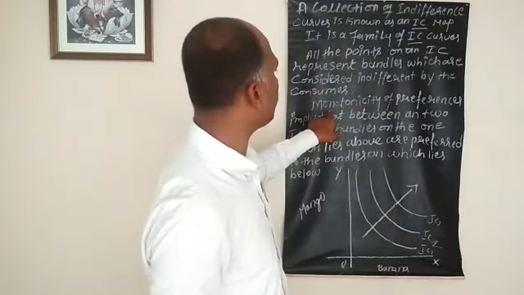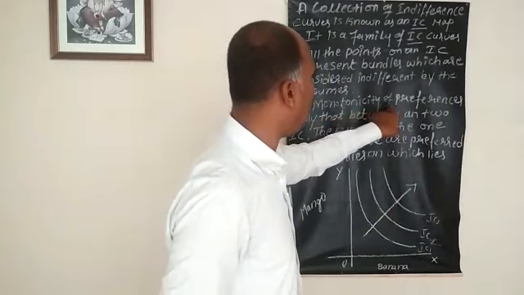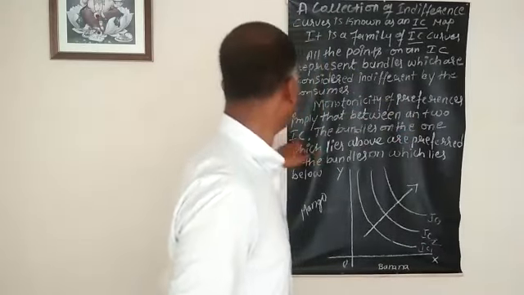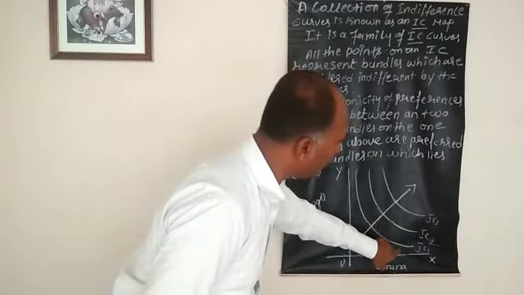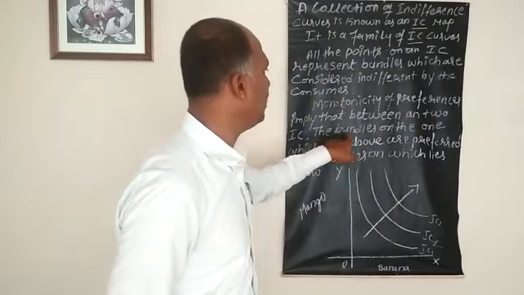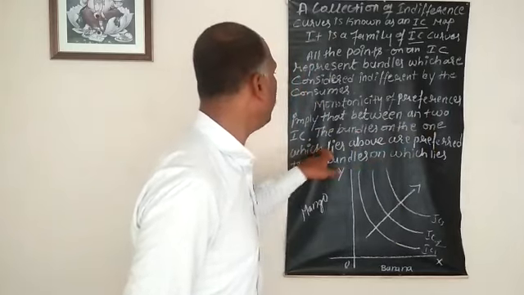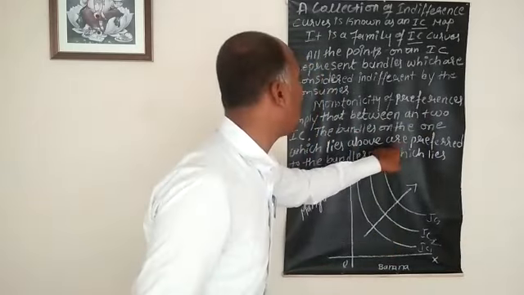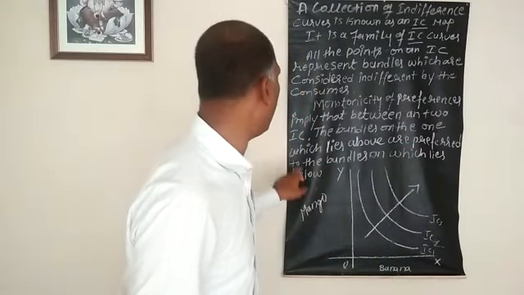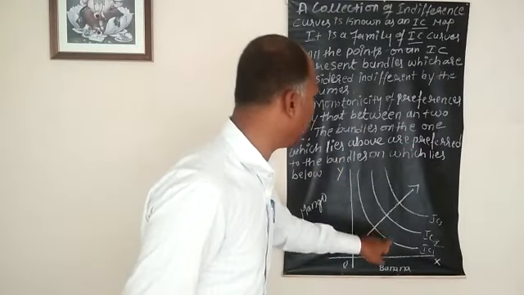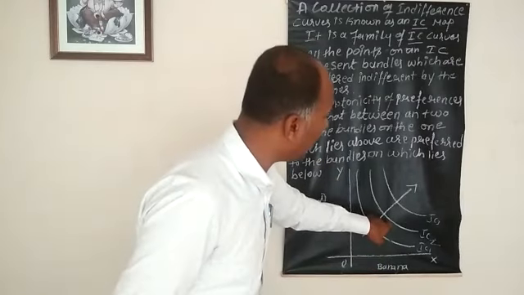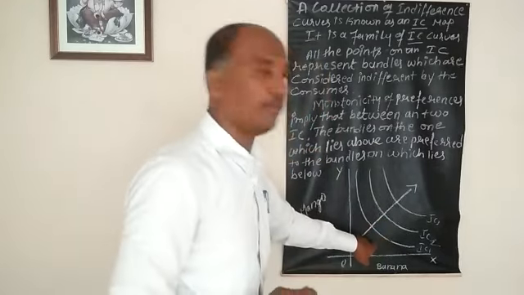So it is clearly explained: monotonicity of preferences implies that between two indifference curves, suppose IC1 and IC2, the bundles on the one which lies above, meaning IC2, are preferred by the consumer to the bundles on the one which lies below. The consumer prefers the curve which lies above to the one below.